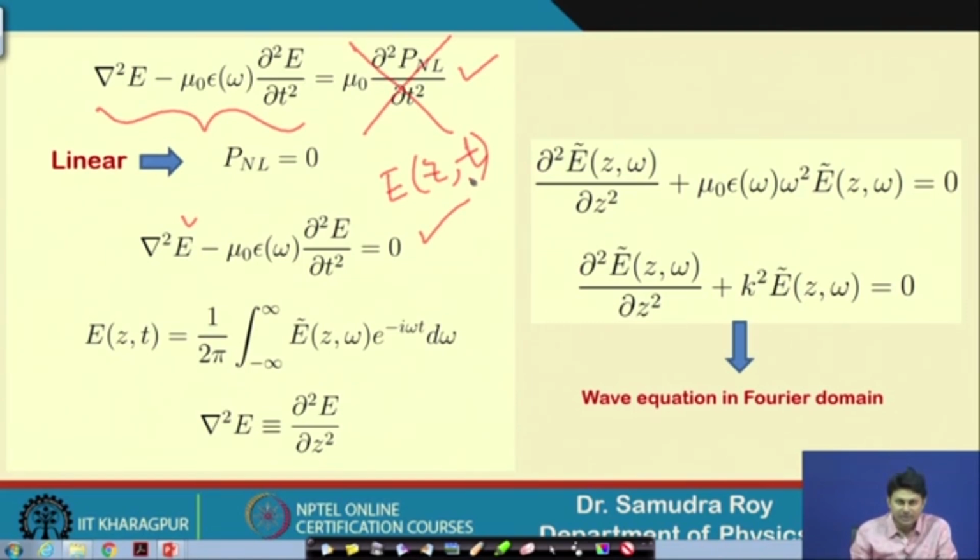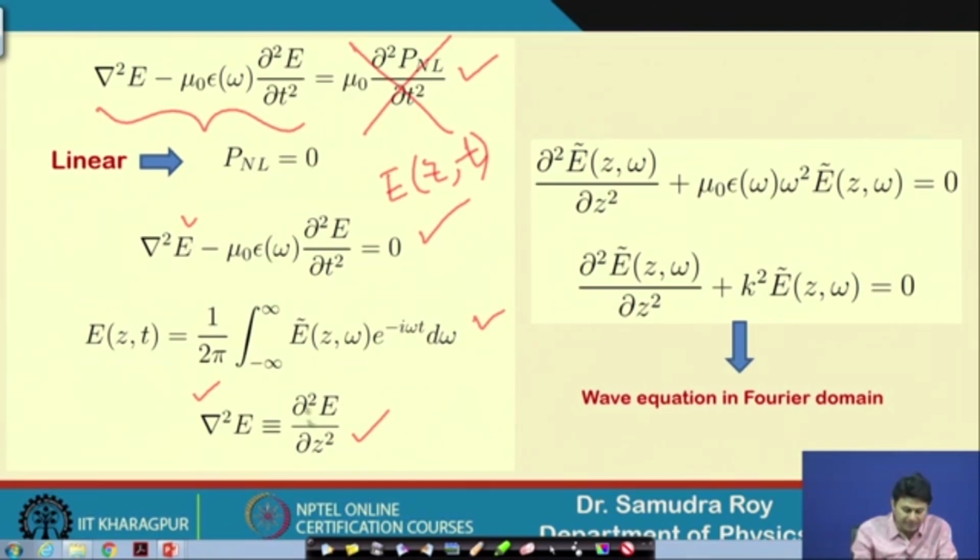If I make a Fourier transform of the electric field, which we always can do, then we will have a relationship between the Fourier component and the electric field like this. The grad square operator can be simplified to the derivative over z only, because E is a function of z. So, the grad square operator is simply the partial derivative over z, and there should be a double derivative because it is a square.